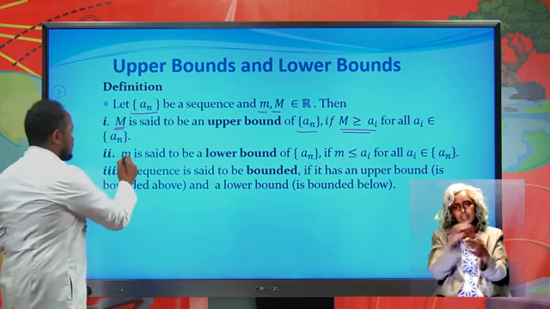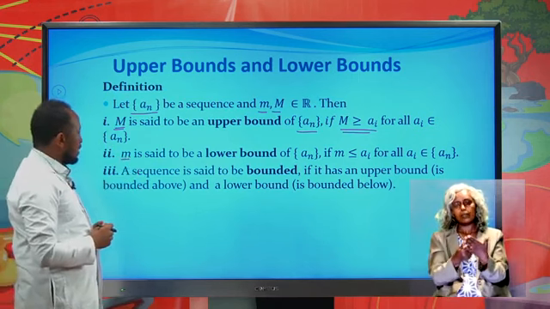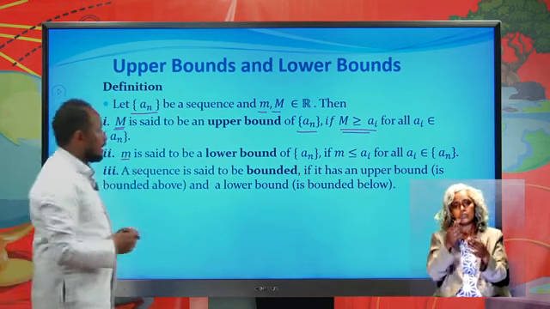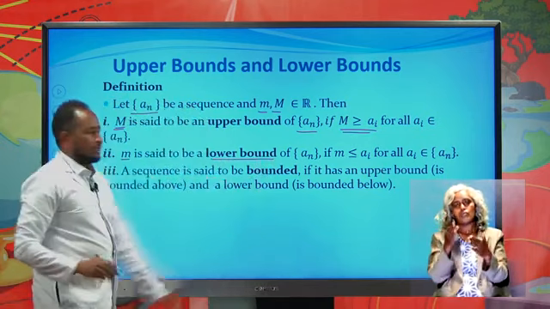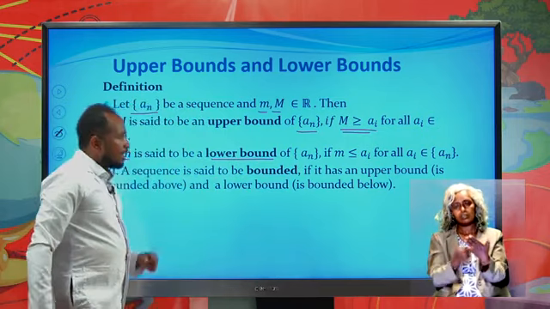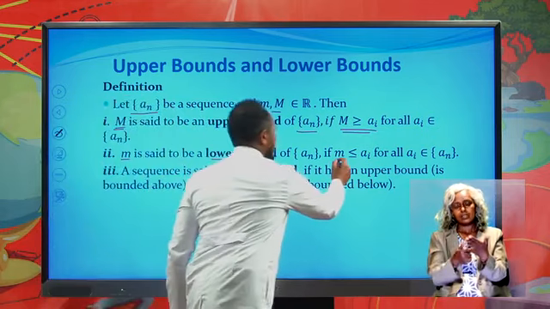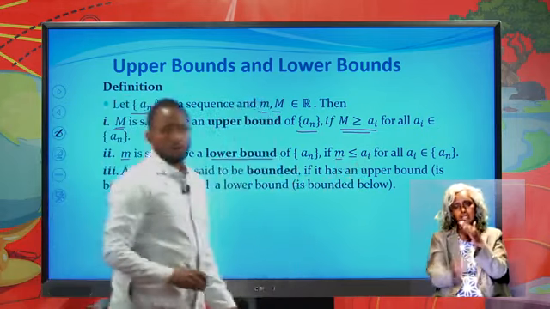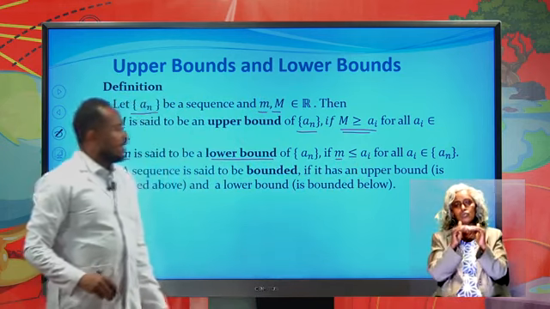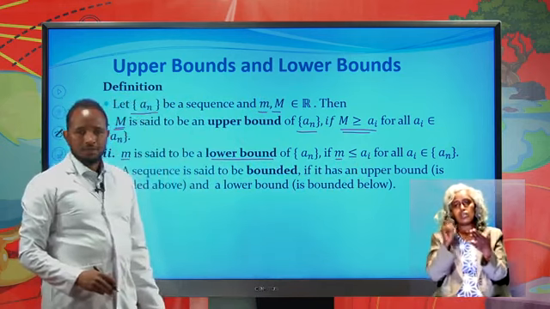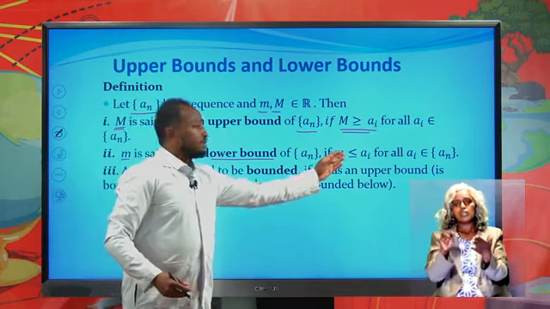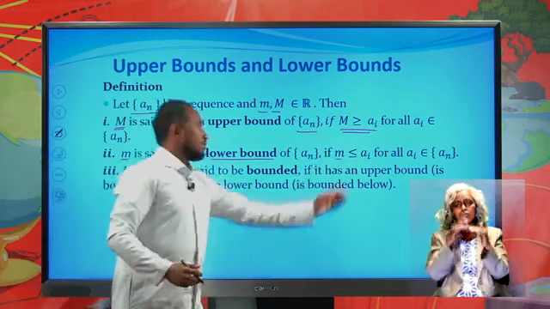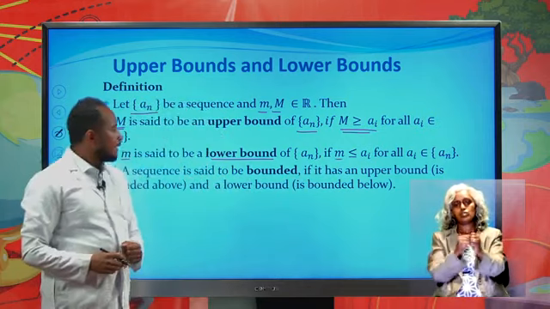And this small m is said to be a lower bound of the sequence (a_n) if m is less than or equal to a_i, where a_i is an element of the sequence. That means m is less than or equal to all elements of the sequence.